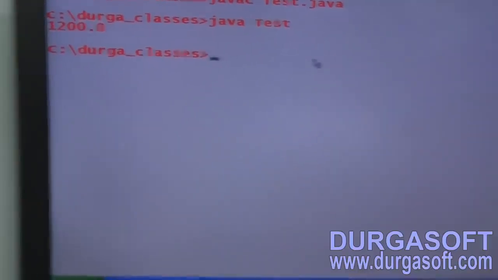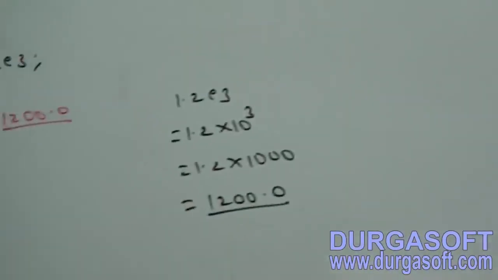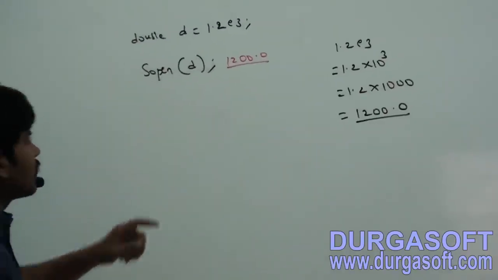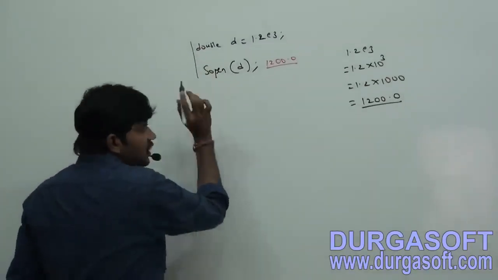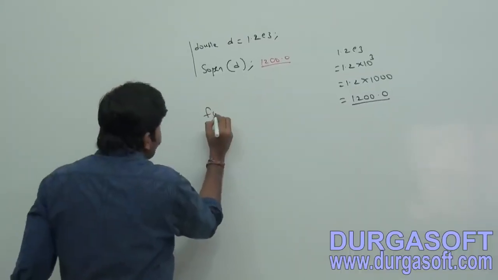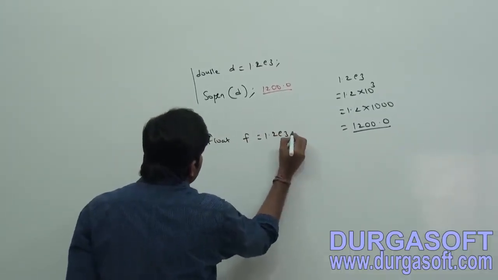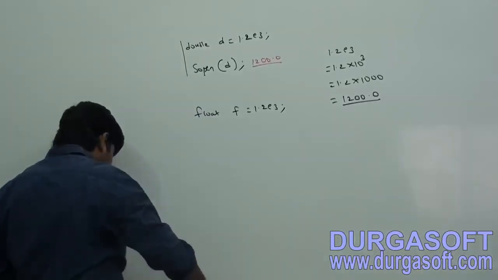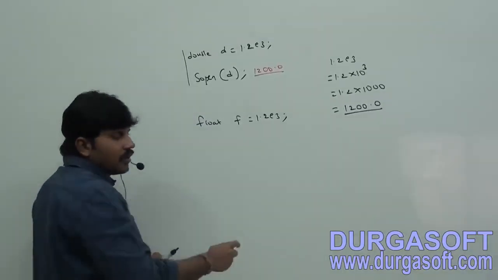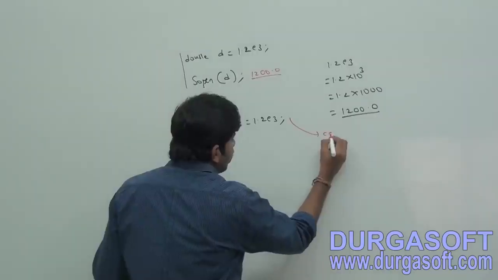1200.0. Is it clear? Now float f = 1.2e3, valid or invalid? Invalid. What compile error?